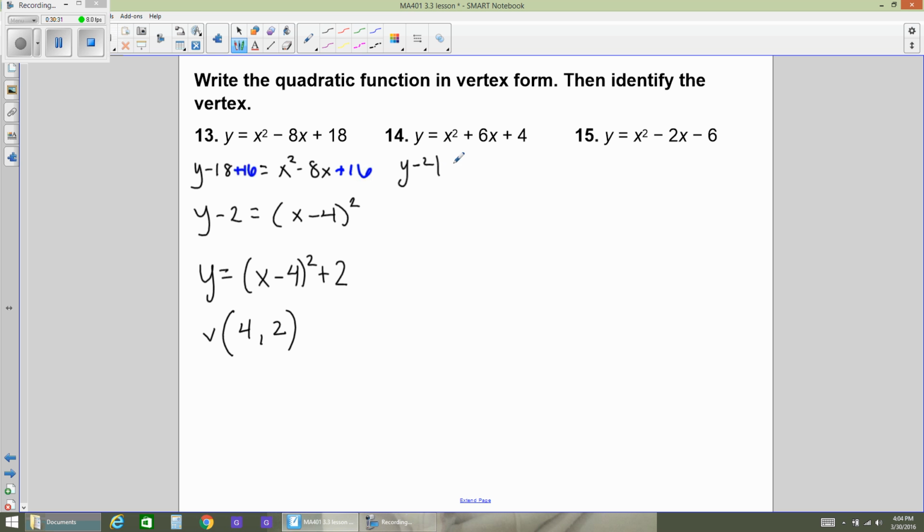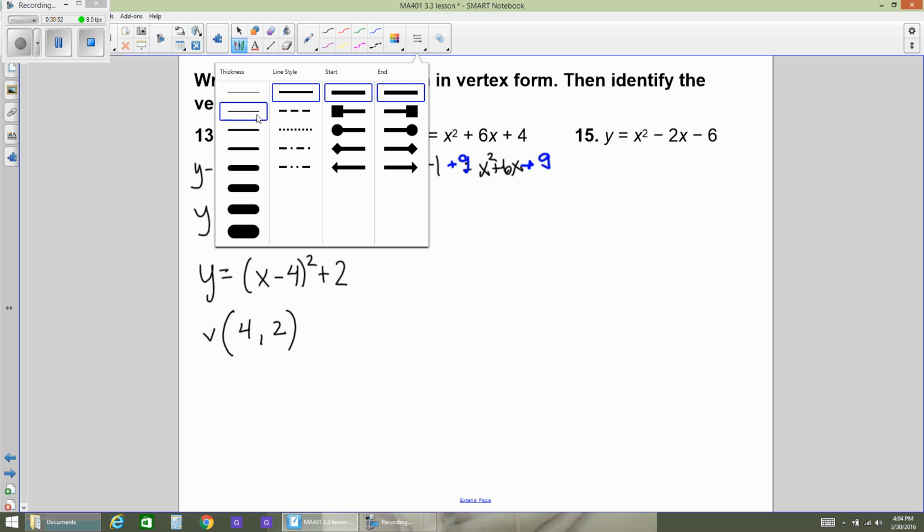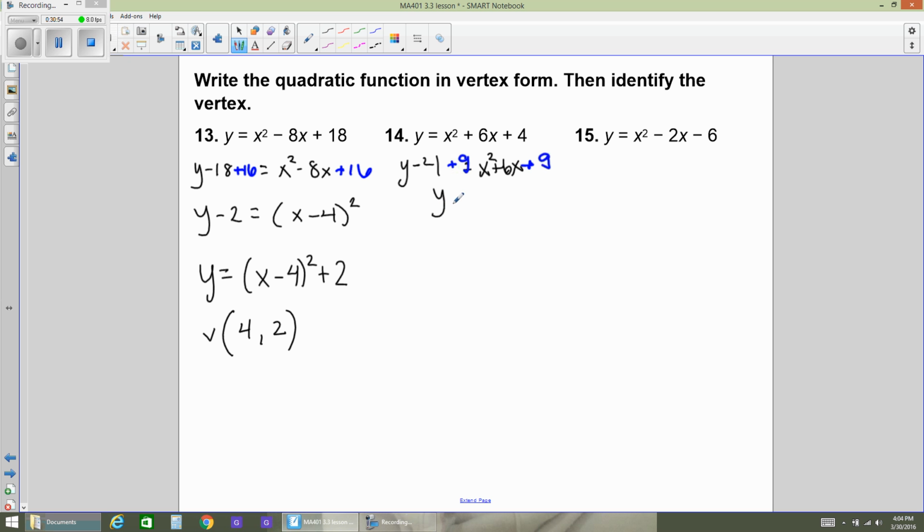All right, over here, move the constant. Ooh, I'm going to leave some space so I can skip that step. X squared plus 6x. Half of 6 is 3. 3 squared is 9. Okay, so I have y plus 5 equals the quantity of x plus 3 squared.